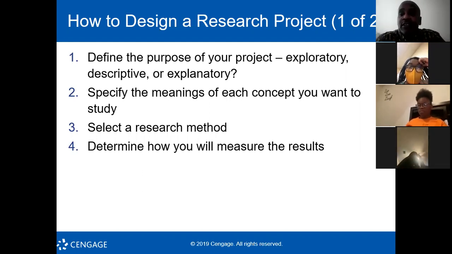We've got to select a research method. I'm going to give y'all a hint, and again, it's an advantage of coming to class: your research method is going to be content analysis by and large. Secondary content analysis.